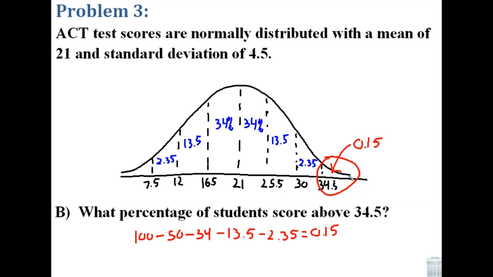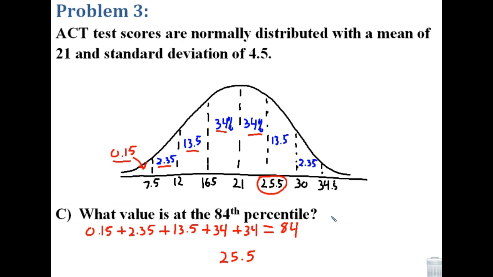Now remember, we can memorize that value is 0.15, or we can take the whole thing, 100, subtract the 50% below the mean, the 34%, the 13.5%, the 2.35%, and come up with that 0.15% through subtraction as well.